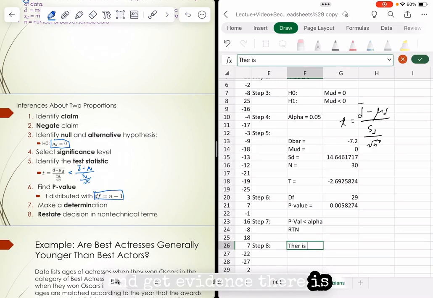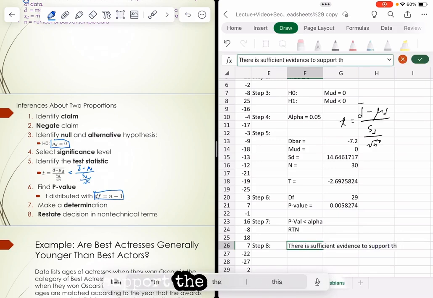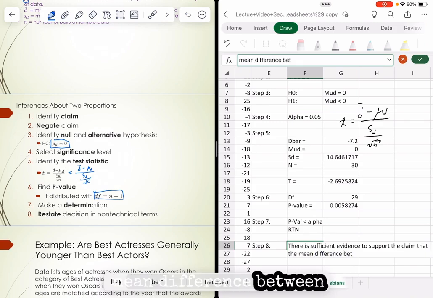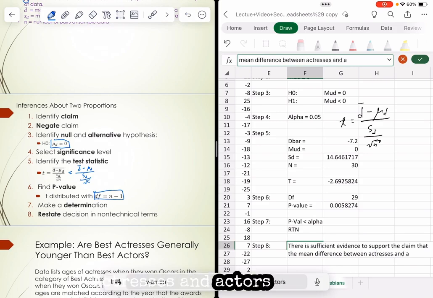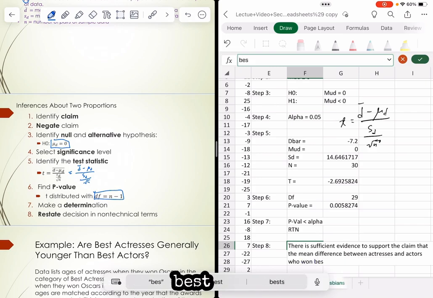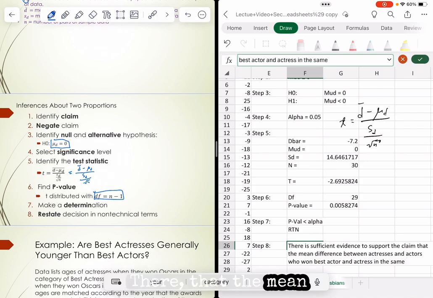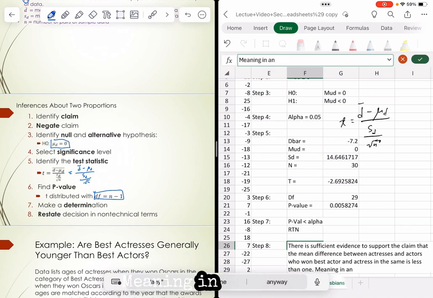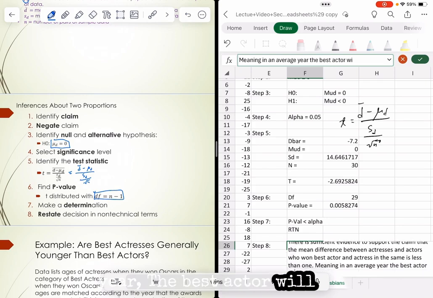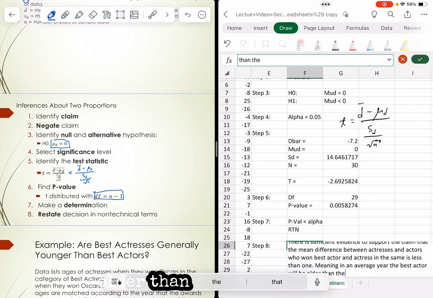There is sufficient evidence to support the claim that the mean difference between actresses and actors who won Best Actress and Best Actor in the same year, if you subtract those differences, is less than 0, meaning in an average year, the best actor will be older than the best actress. We can say that with 95% certainty.